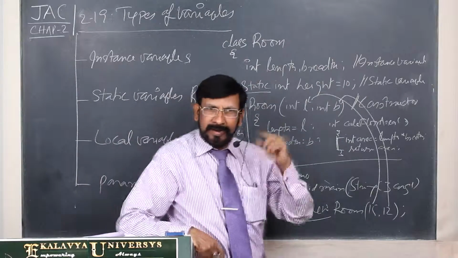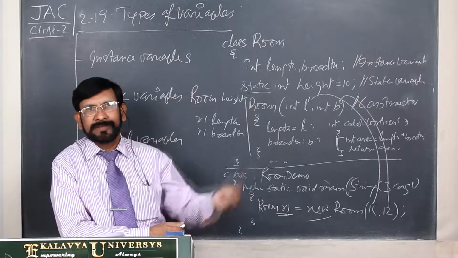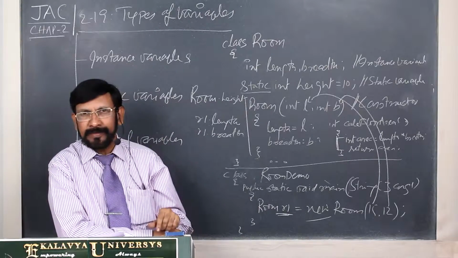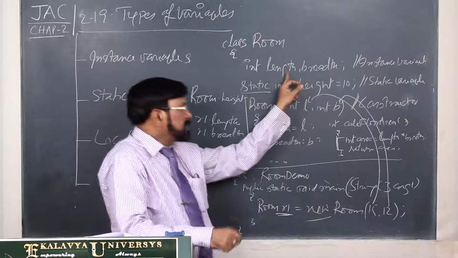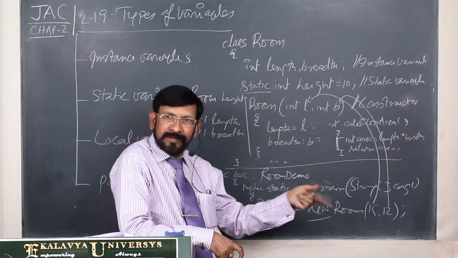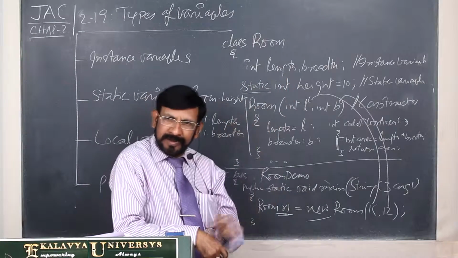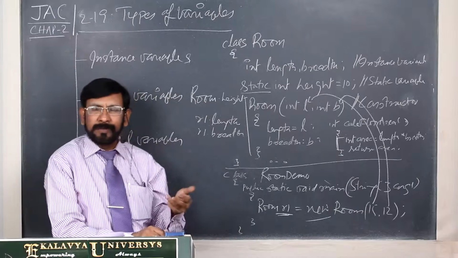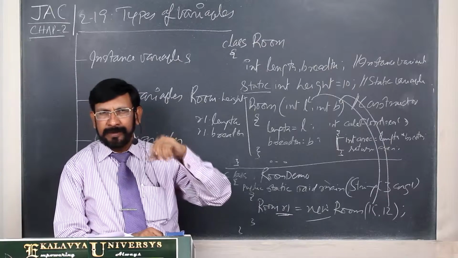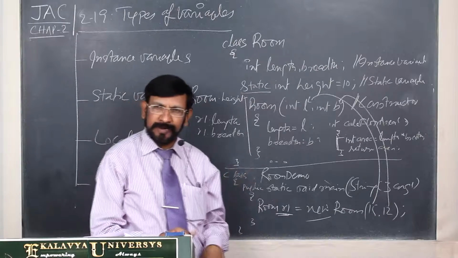After the child is born, then you give that label to your son, then it gets identity. Simply Mohan is abstract, here length is abstract. It becomes meaningful when the object is created: room 1's length, room 1's breadth. So whenever an object is created, the instance variable gets life. When does the object die? There is a different concept: the garbage collector, one mechanism that collects the object, then it dies. That is the lifespan of an instance variable.